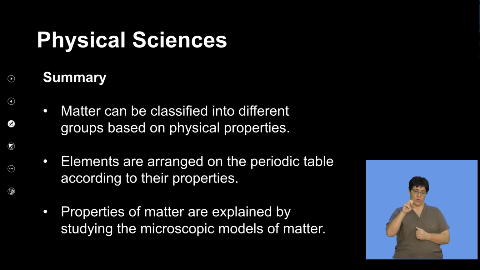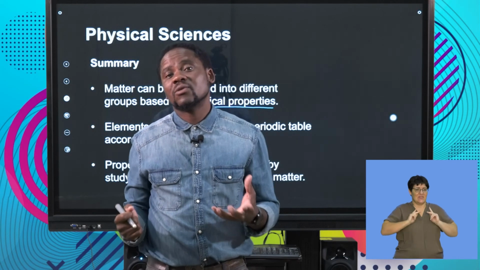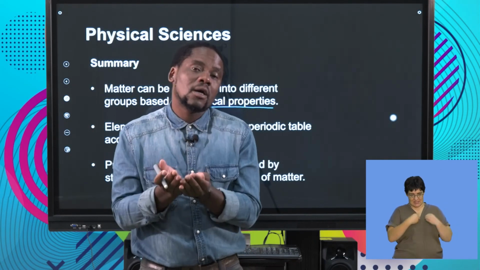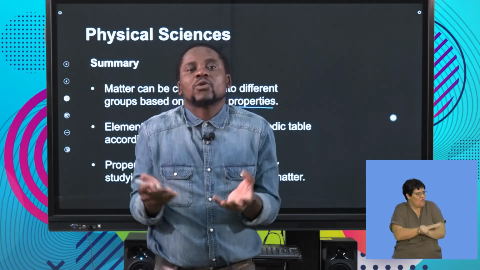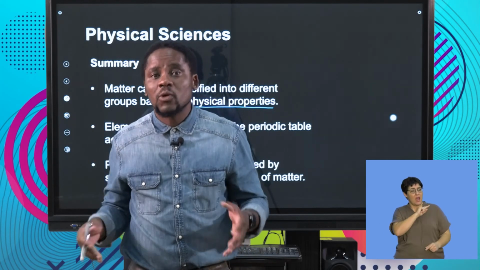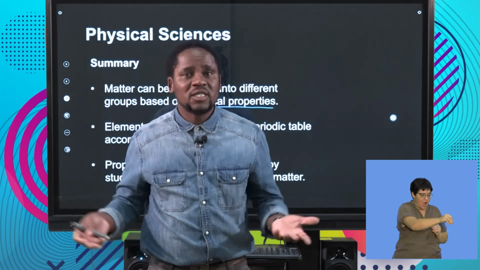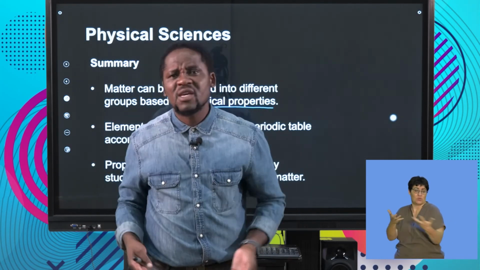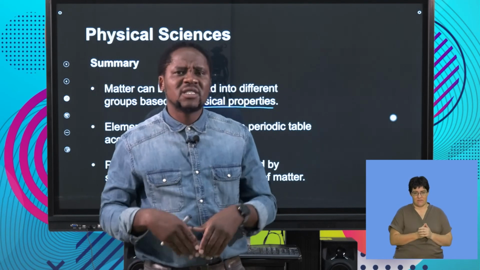Right. And then, in summary, what are we saying? Matter can be classified into different groups based on physical properties. One cannot overemphasize the importance of understanding the physical properties of material so that we are able to classify or categorize them in terms of their behavior and the packaging of materials.